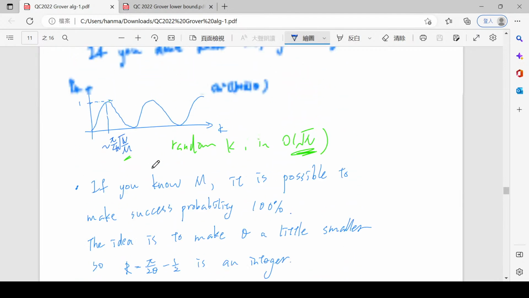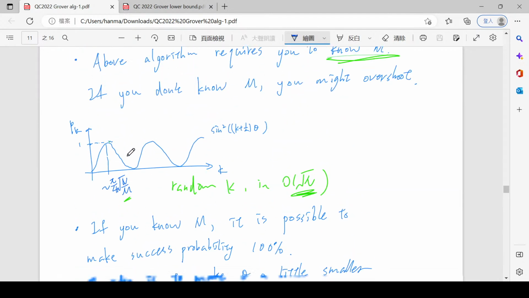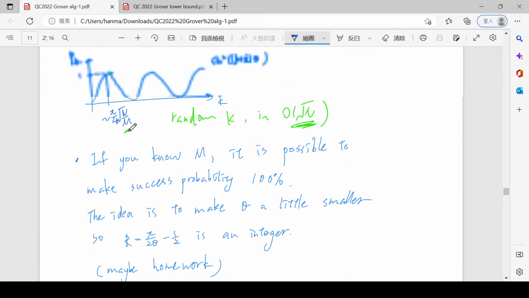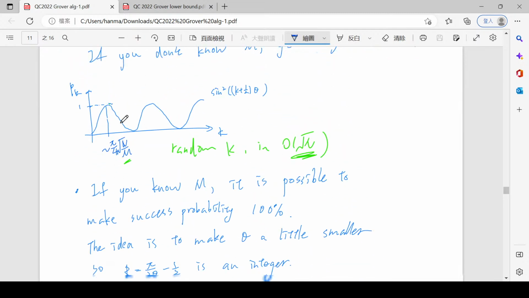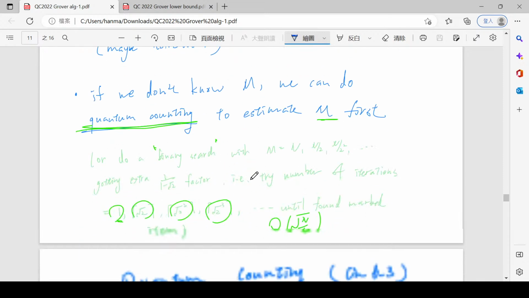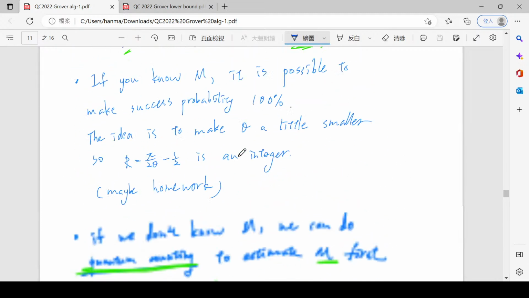And there are a lot of details around this. We'll have a better summary of this later in the course. But for now, we're assuming our algorithm knows m, which once again is the number of marked items. If our algorithm doesn't know m, then here we have a really sketchy proof that you can do a binary search on m.